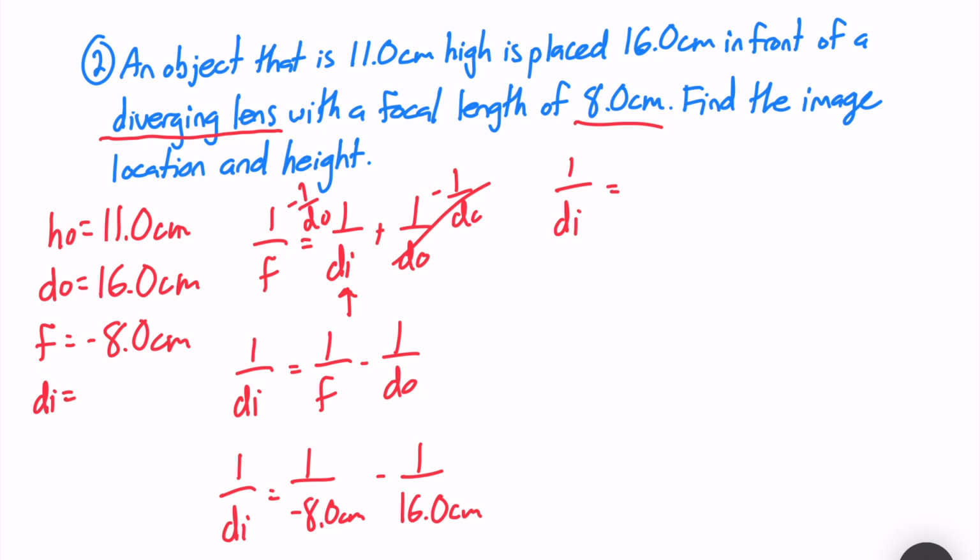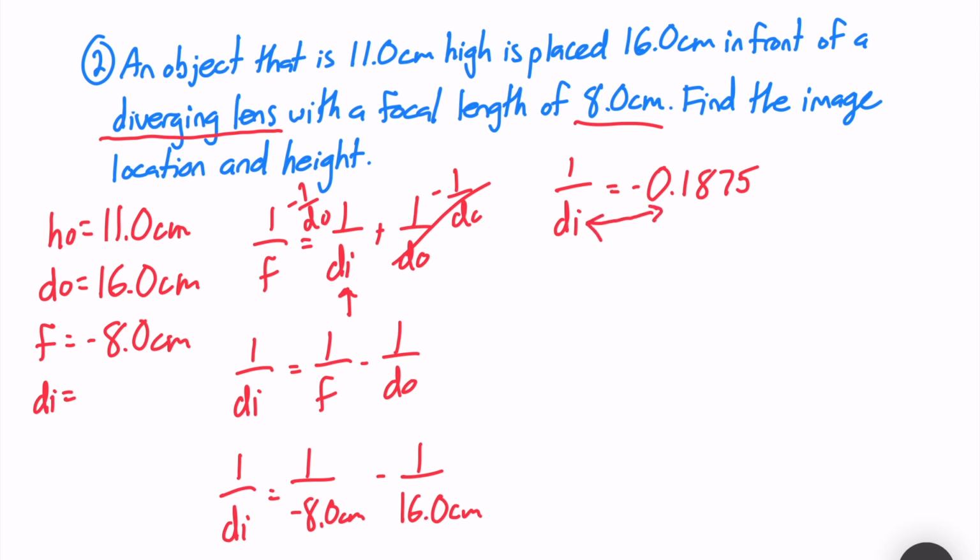Let's just type it into our calculator really quick. So we have 1 over negative 8, subtract 1 over 16, and you should get negative 0.1875. Let's keep all of our digits here. And again, we're just going to take the reciprocal of that decimal number here.